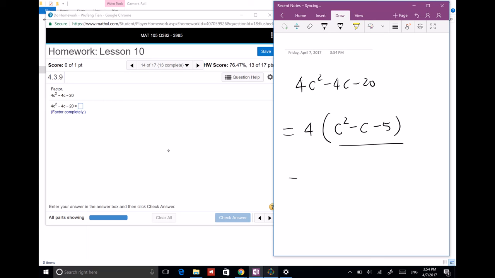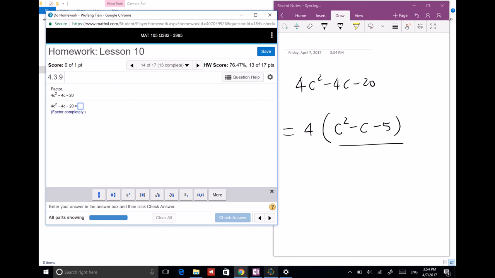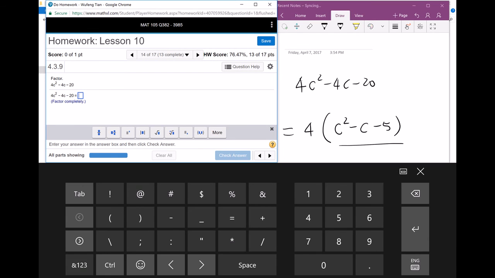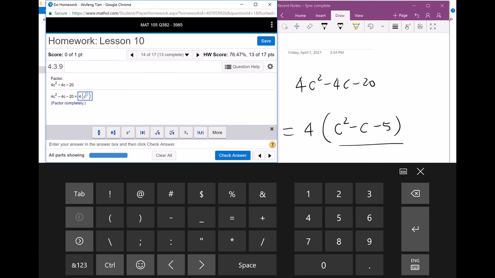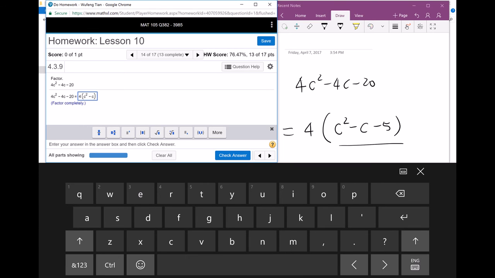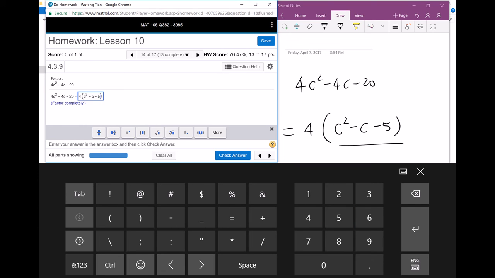So that's just the final answer. You can just factor 4 out. That's it. Okay. 4 times 5 is 20, yes. So it's 4 times c squared minus c minus 5.